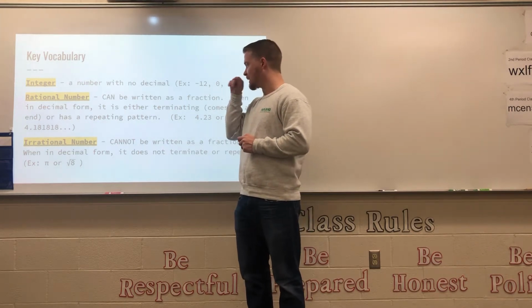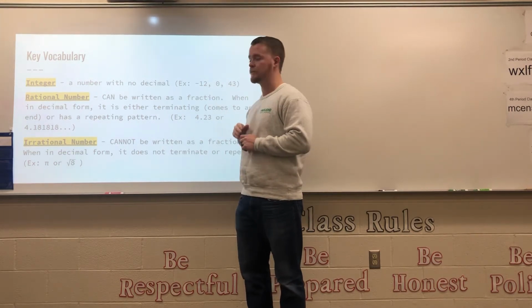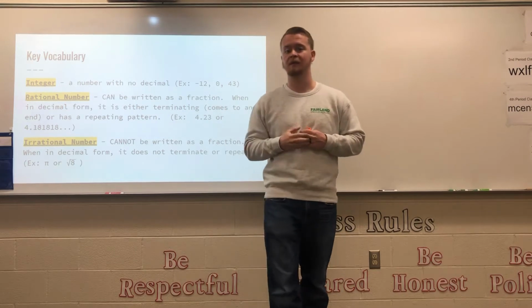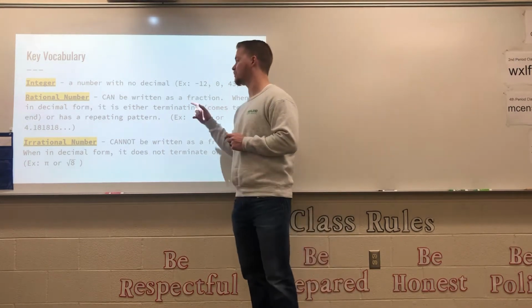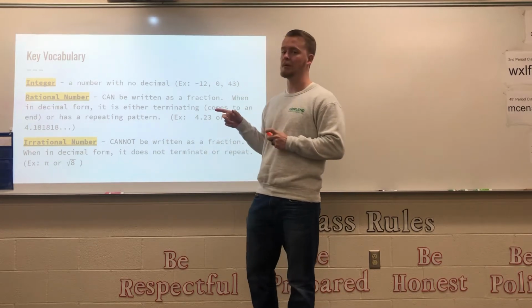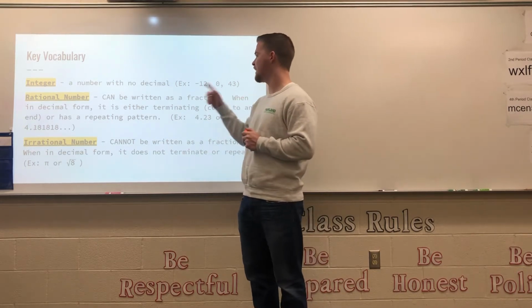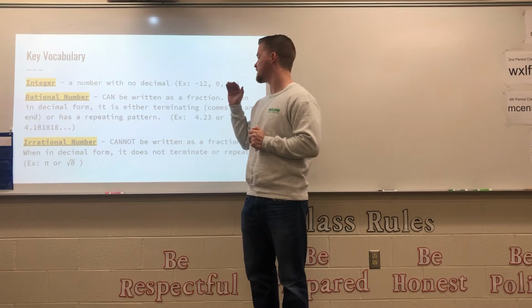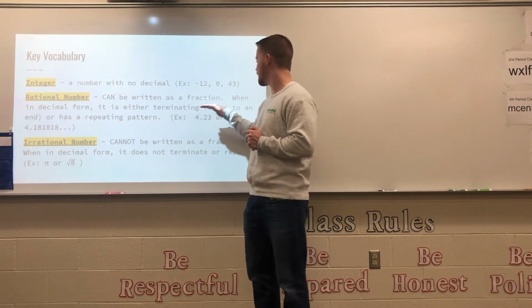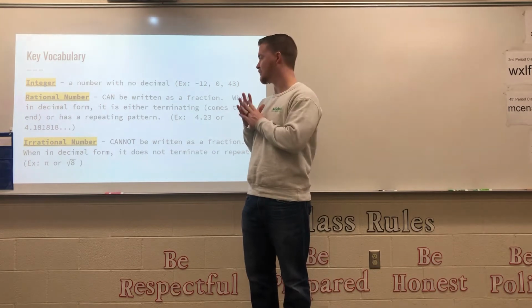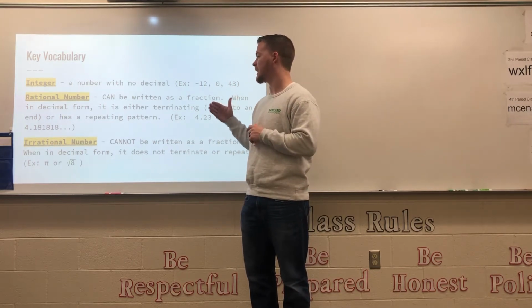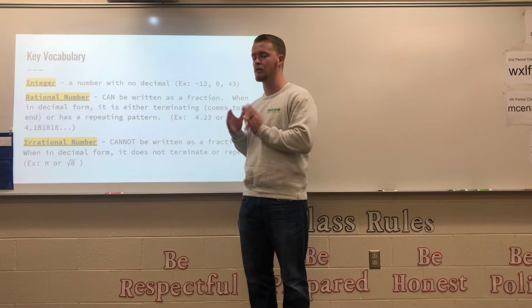A rational number can be written as a fraction. That's the first thing. When you see it in decimal form, this is the important part also, because this seems to pop up more often. When it's in decimal form, it is either terminating, meaning it comes to an end, or it has a repeating pattern that continues to repeat the whole time.